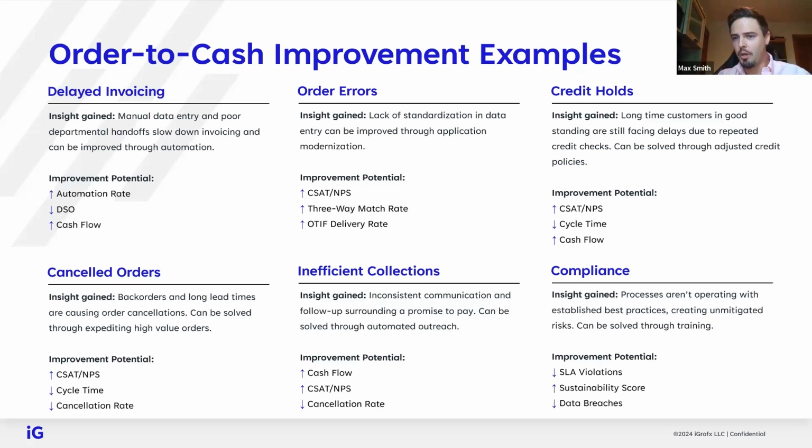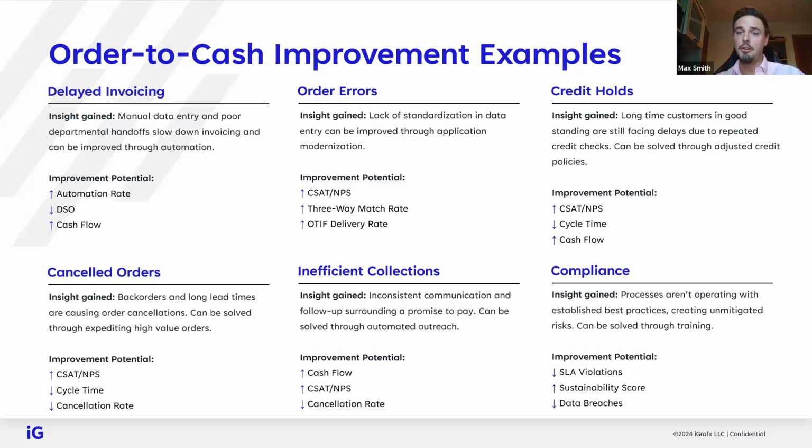Another very common one is order errors. This leads to a lot of rework. Christian mentioned this as well, right? It also leads to low customer satisfaction because if the order isn't right, if they need to go back and forth, it takes longer to get their goods. You know, it's just a lose, lose, lose.